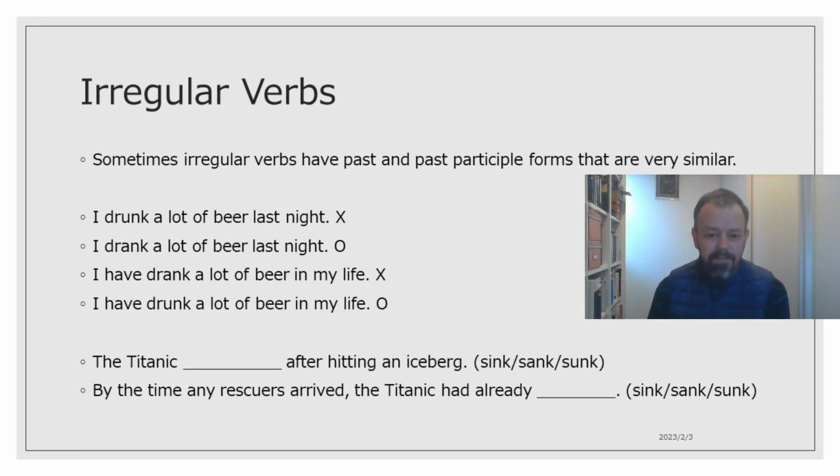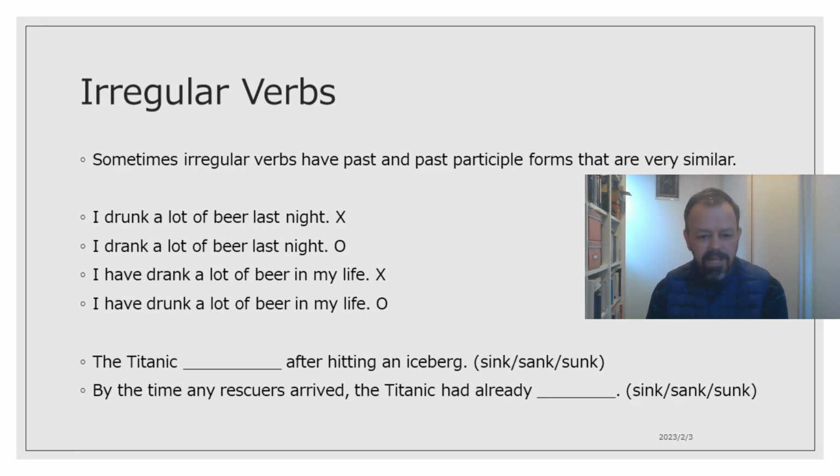Usually it's quite easy to distinguish, or in many cases the past tense and the past participle are the same. So we don't need to worry. Even if we make a mistake, it still looks correct. But with the irregular verbs, sometimes the past and the past participle forms are different, but very similar. And this leads to a lot of problems.